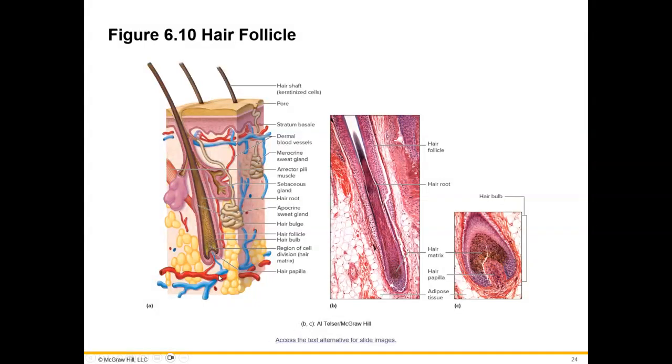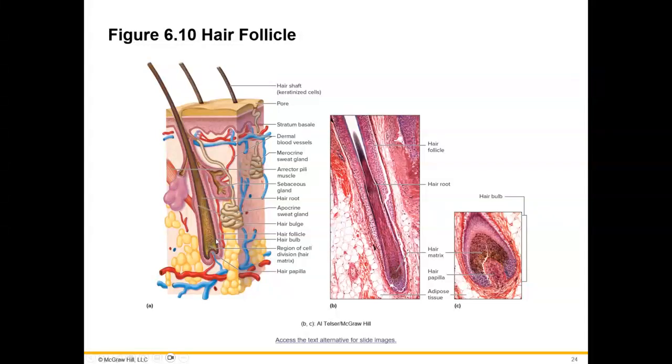Okay, again, here's the cross section of the skin, and look at the details of the hair. So below the skin surface, we have the hair root. Above the skin surface, we have the hair shaft. And then as we go lower, this layer around the bulb is the hair follicle. That's actively growing cells.